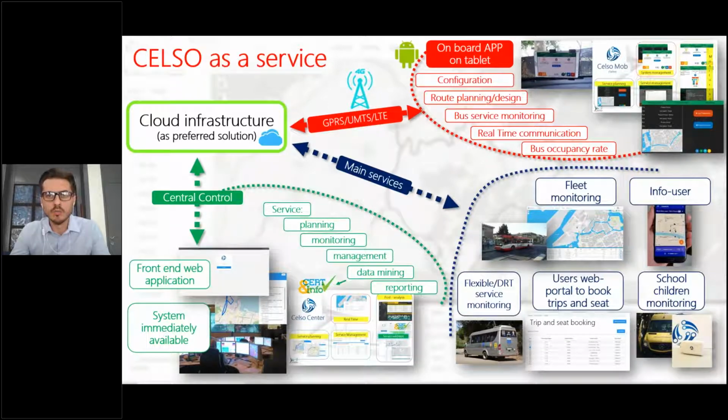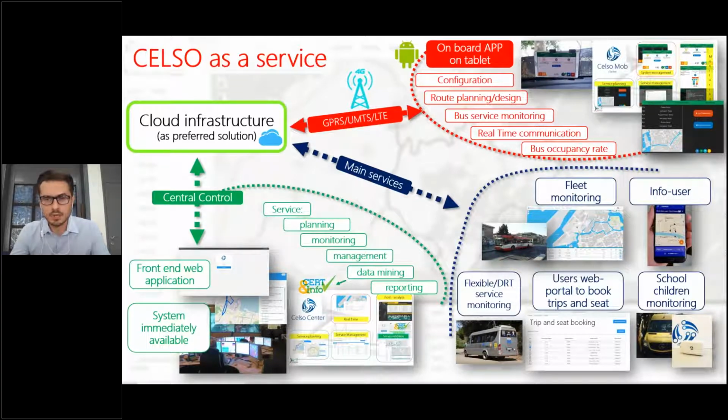And from the point of view of the onboard system, also in this case, as we have seen before, it's very simple to implement a CELSO system with a commercial tablet and to monitor the service and to have real-time communication with the CELSO center.